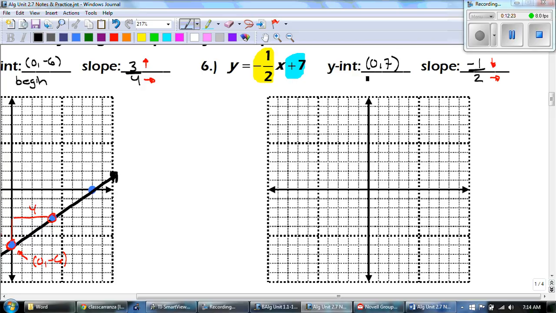And remember that 0, 7 is where we begin. So at 0, 7, I'm all the way up here. And now I go down 1 over 2. Down 1 over 2. And I'm just completing that pattern in both directions. The opposite would be up and to the left. And there we go.